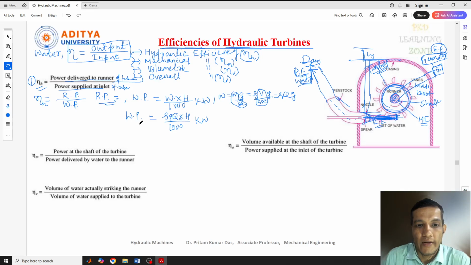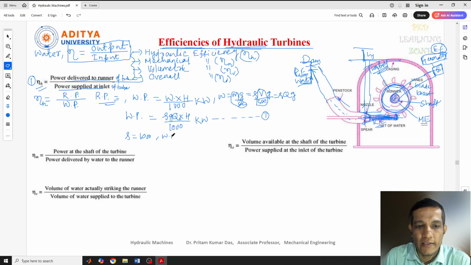This is water power, correct? And this is the equation for water power. We can call it equation 1. This is the general equation for a fluid. You can consider any kind of liquid. If the liquid is water, then we can put the value of density rho equal to 1000, so 1000 will be cancelled.